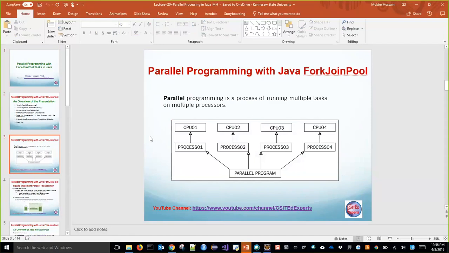So the concept is that, for instance, you have CPUs, the central processing units, like 4 central processing units, CPU 1, 2, 3, and 4, and you have 4 processes: process 1, process 2, process 3, and process 4.